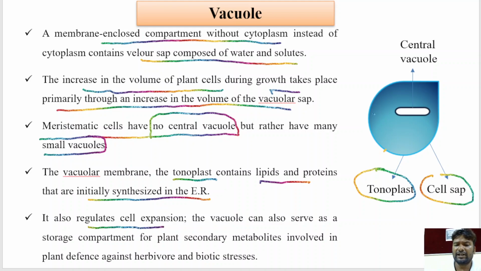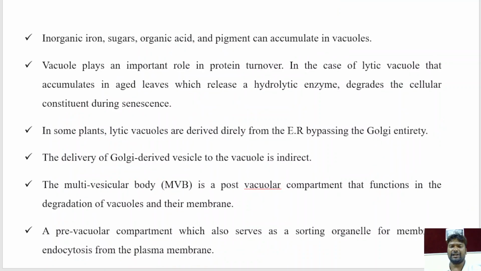The vacuoles can also serve as a storage compartment for the plant's secondary metabolites involved in plant defense against herbivores and biotic stress. Also, inorganic ions, sugars, organic acids, and pigments can accumulate in the vacuoles.